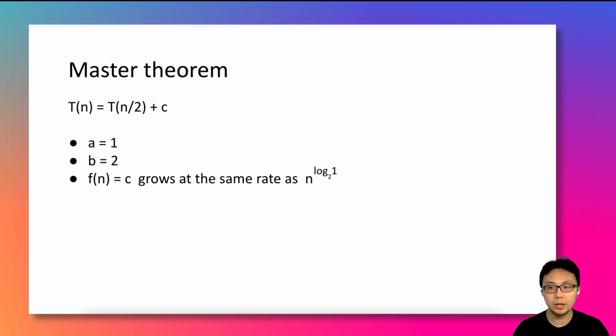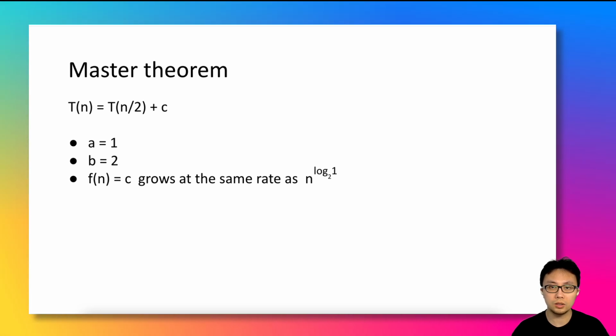In this case, a is 1, b is 2, log_2 1 is 0, so n^0 gives you a constant number 1. So f(n), which is a constant c, grows at the same rate as the constant 1. As a result, you have case 2 again.